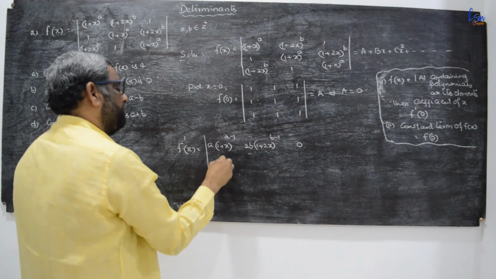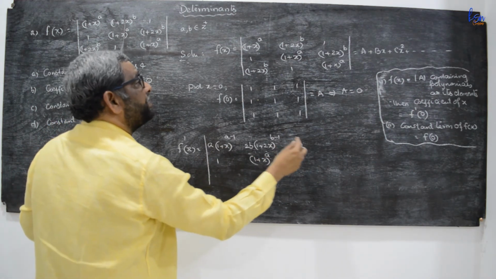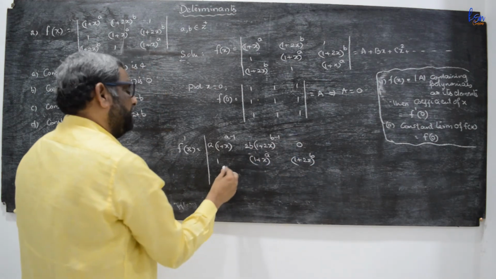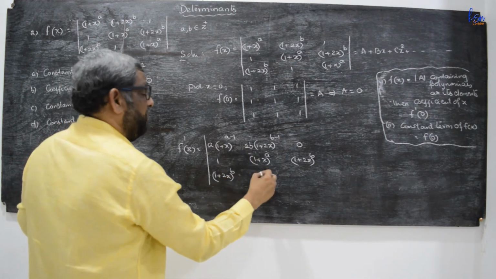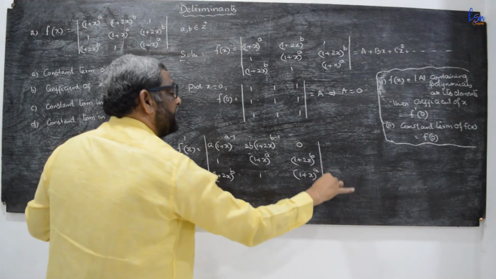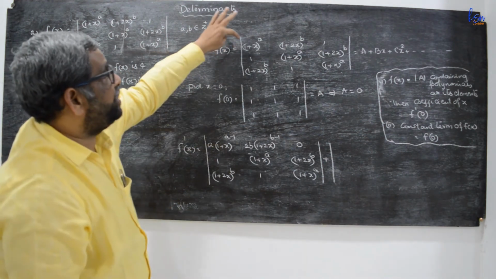You leave the second row as it is, (1 plus x) whole power a, (1 plus 2x) whole power b, and the third row as it is, (1 plus 2x) whole power b, (1 plus x) whole power a.